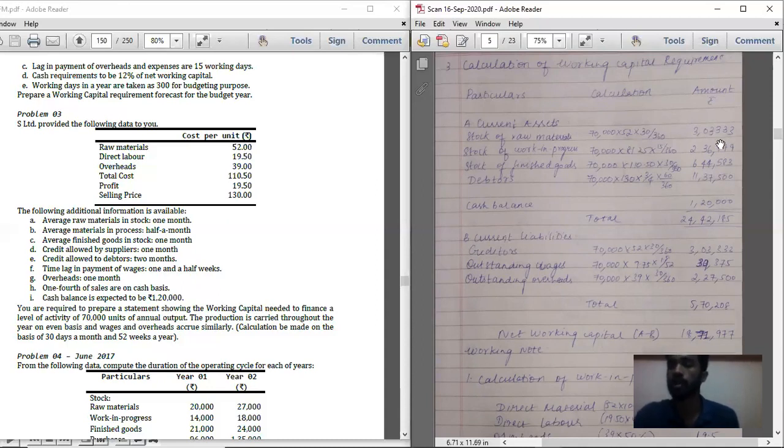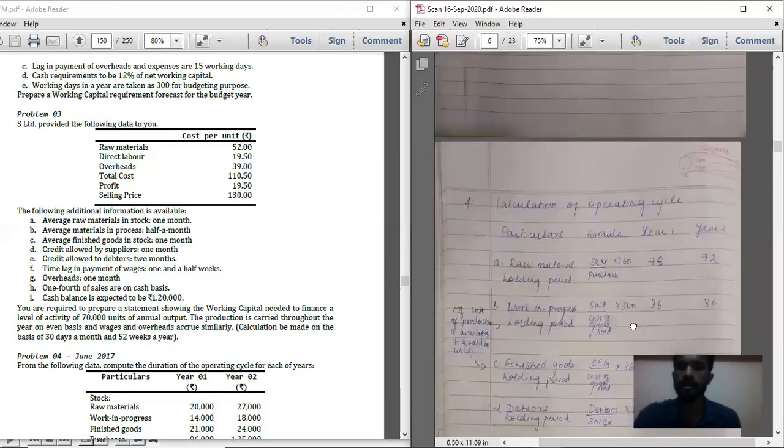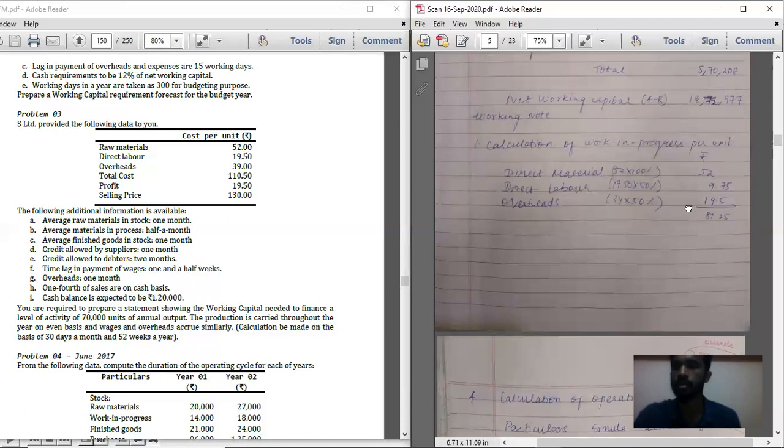So in the amount column put 3,03,333. Below that, stock of work in progress. What is the work in progress per unit we have calculated? Work in progress per unit is 81.25.